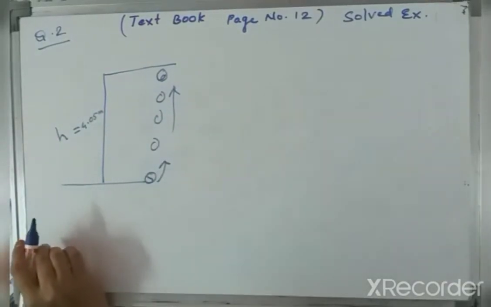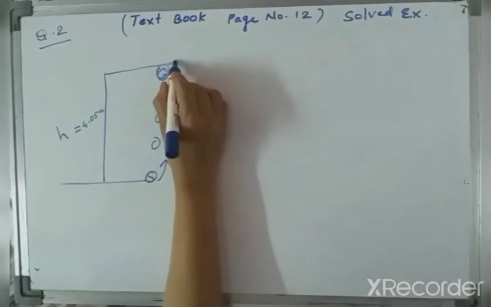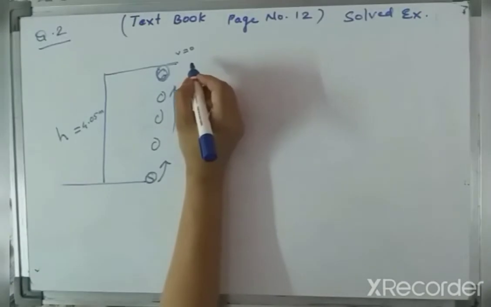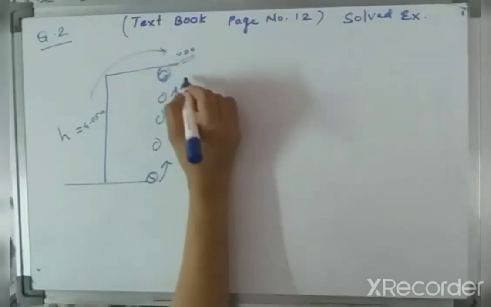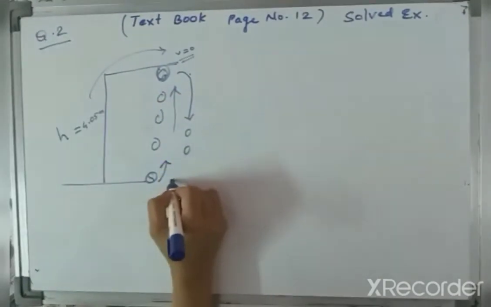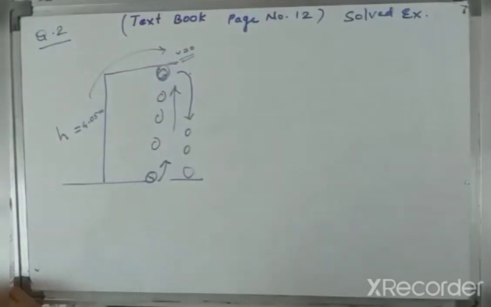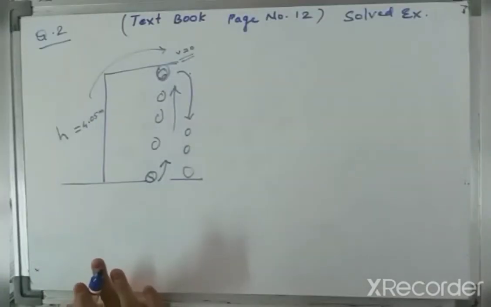Before coming down, means at this place its velocity becomes 0. On reaching this height, velocity becomes 0, and then it starts to fall back down on the ground.